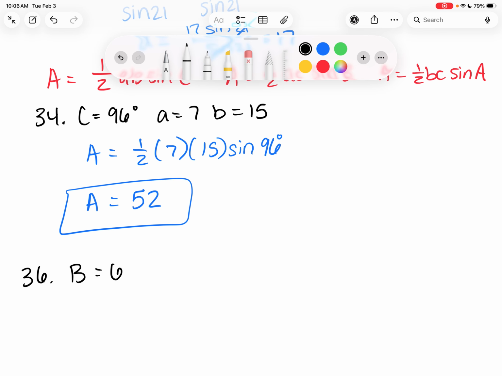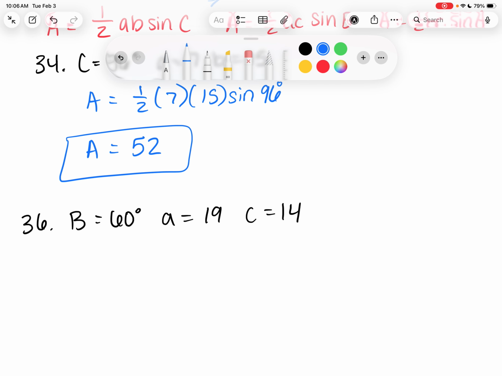Angle B is 60 degrees, A is 19, and C is 14. So it's 1/2 the 2 side lengths times the sine of the angle.